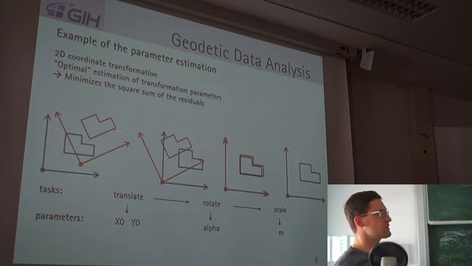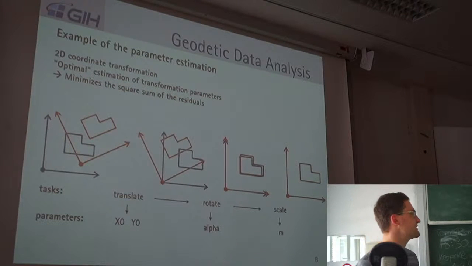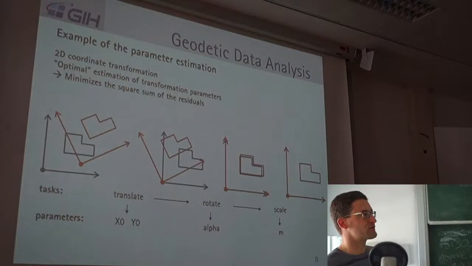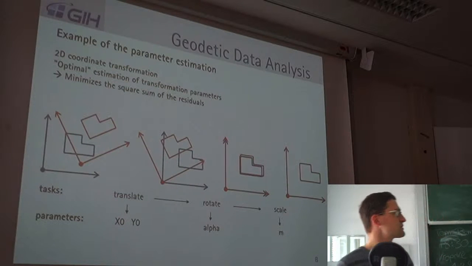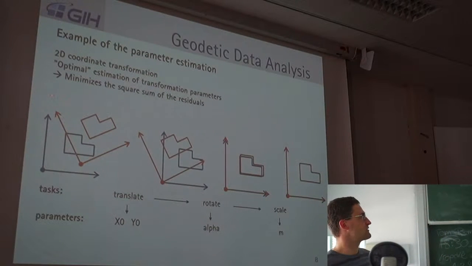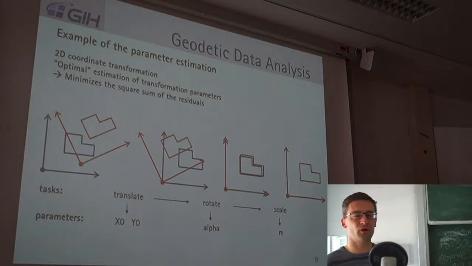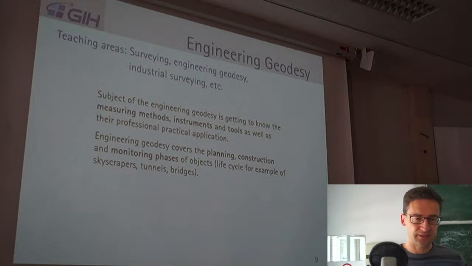As observations, for example, I forgot to say, these are maybe the coordinates of the house. And then we need a minimum of 4 equations, but mostly we have more equations, and then we have this minimization and estimation of the parameters. This is one very simple example.